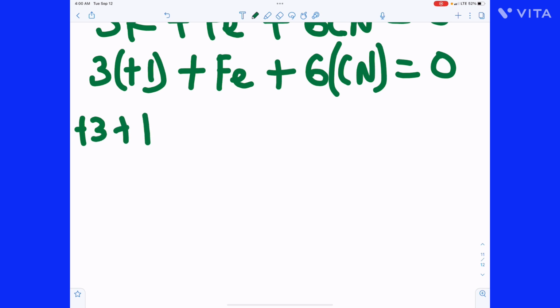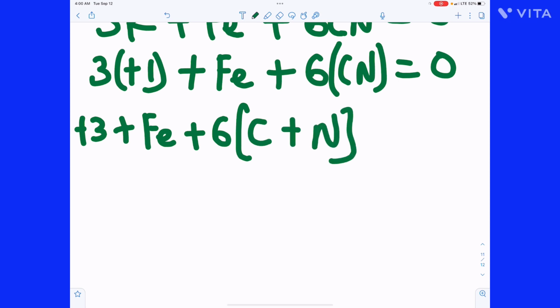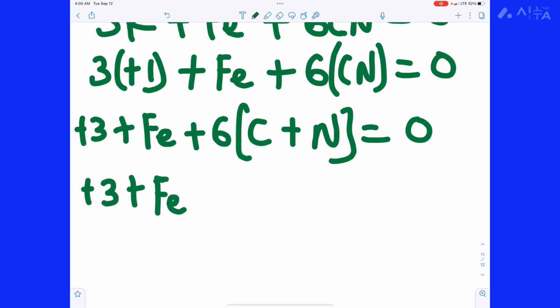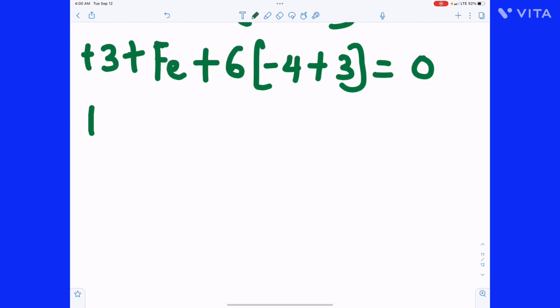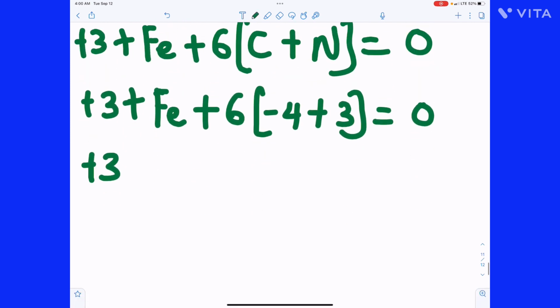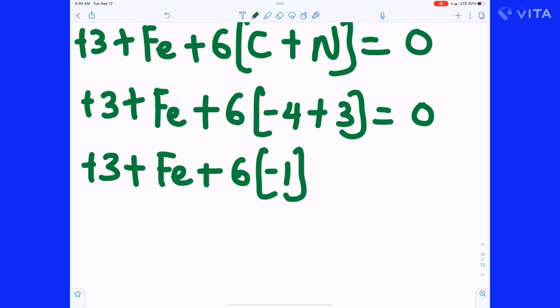Plus 3 plus Fe plus 6 times (minus 4 plus 3) is 0. What does that give us? That gives us plus 3 plus Fe plus 6 times minus 1 is 0.